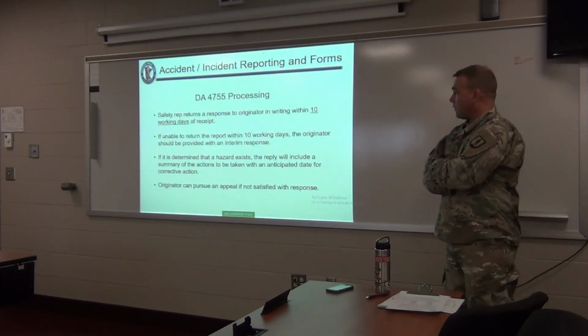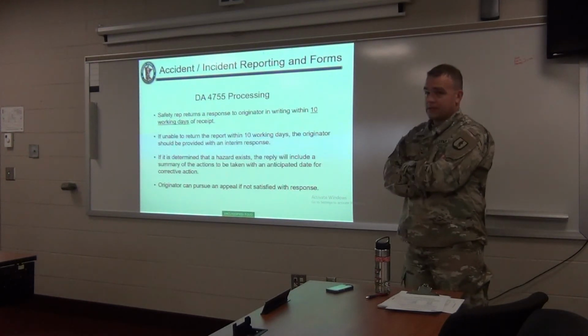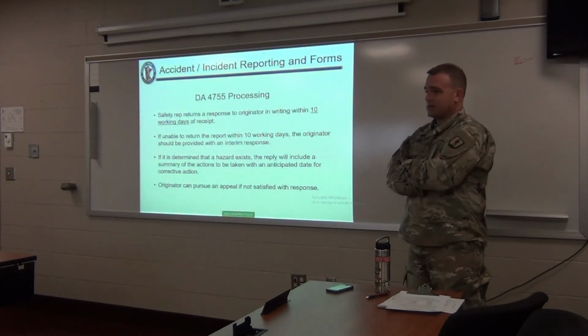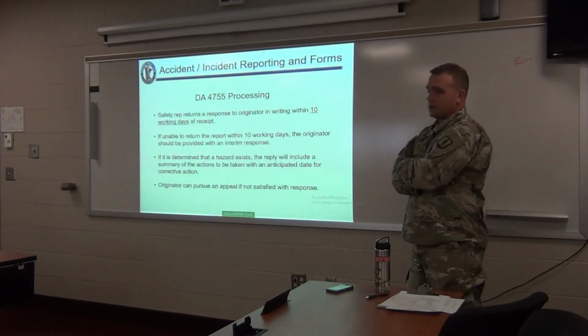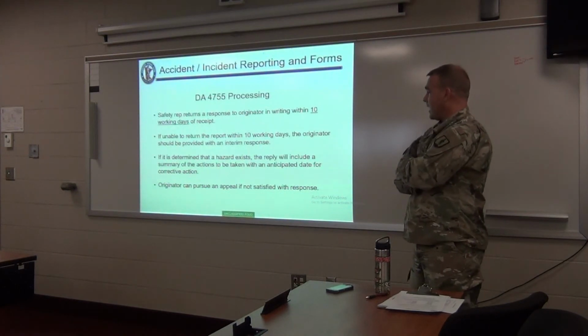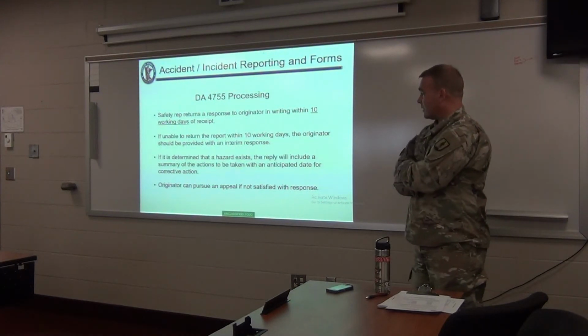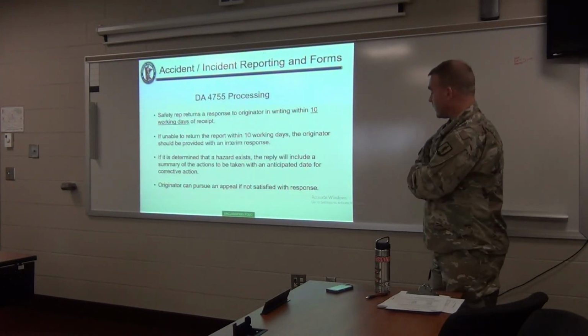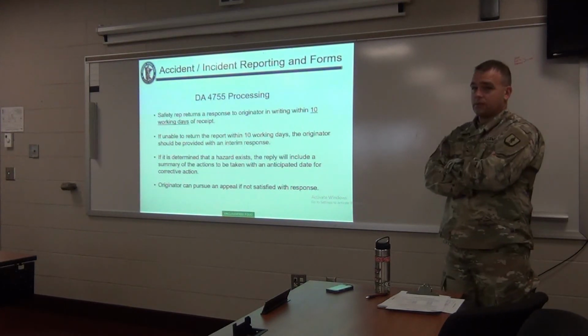So I'll return a response in writing within 10 days of receiving it. If it's in between drills, I might not give you a complete response, but I'll at least give you an interim response. If it's determined that a hazard exists, that'll include a summary of actions to correct that, and when that will be corrected. So the originator can pursue an appeal if not satisfied with the response.